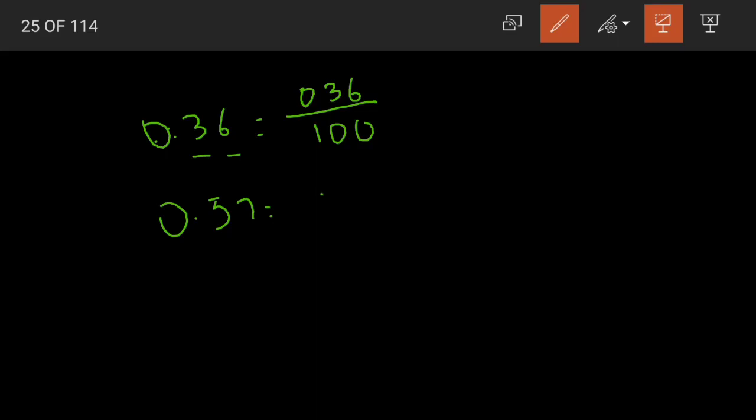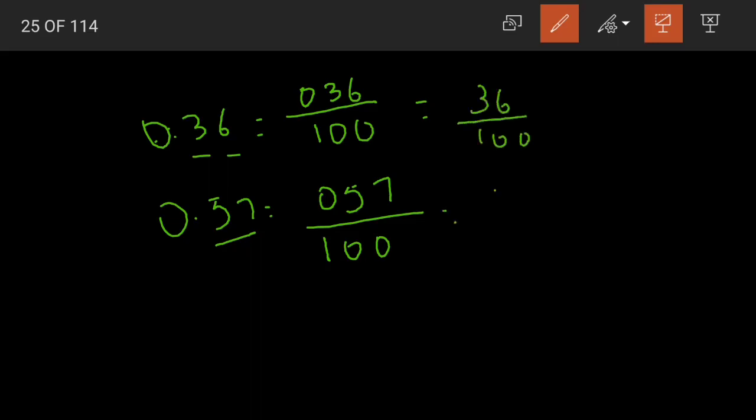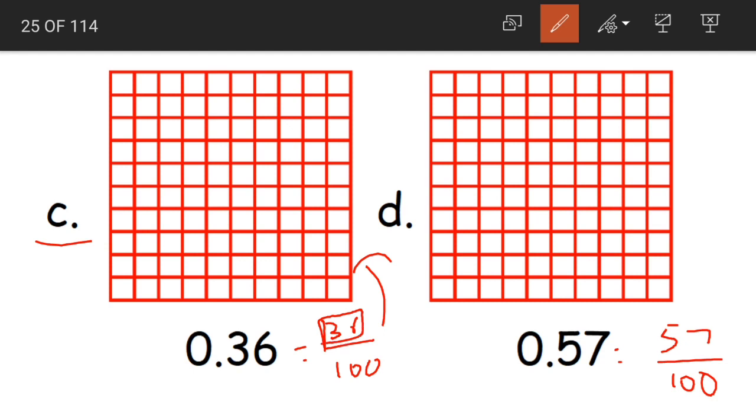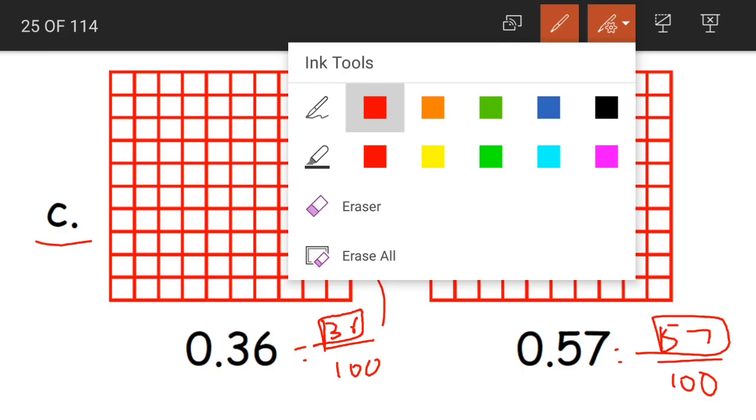And again 0.57, first write the number without the decimal point, and then for the denominator after 1 place 2 zeros, as we are having 2 decimal places. Now 0.36 is nothing but 36 by 100. 0.57 is nothing but 57 by 100. So the fractions representing are 36 by 100 and 57 by 100. So to make the figure represent the same, what should we do? For question C, we have to shade 36 squares, and for question D, we have to shade 57 squares.